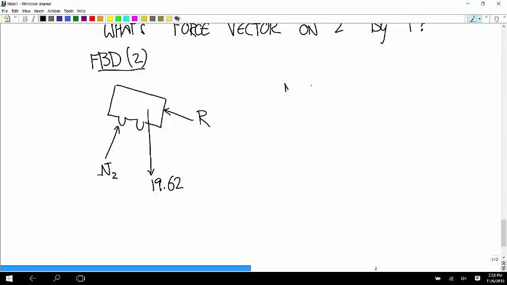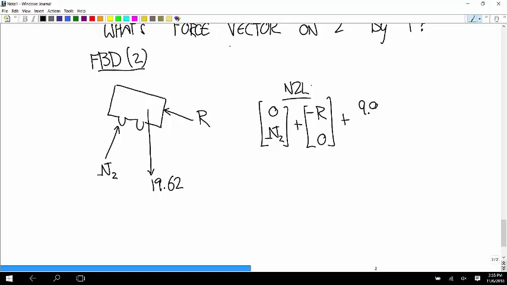Okay, so Newton's second law says 0, N2, plus negative R, 0, plus this weight force, which is 0, negative 9.81, 16.99, and that's equal to the mass of the chosen body times the acceleration vector, negative 1.76, 0.